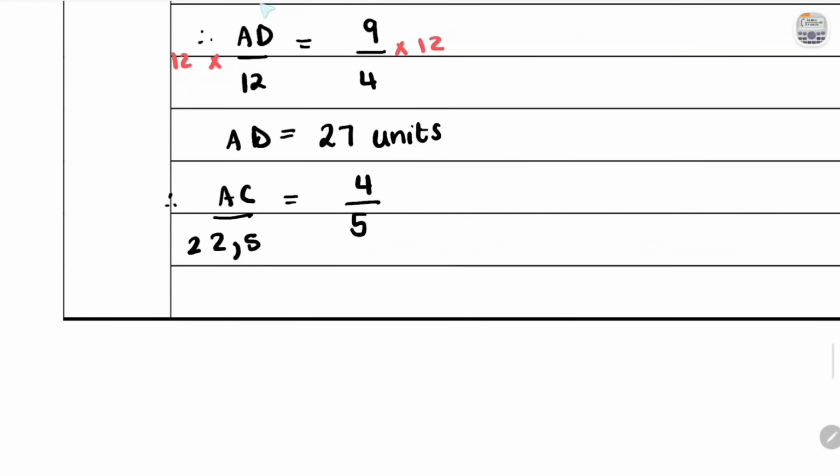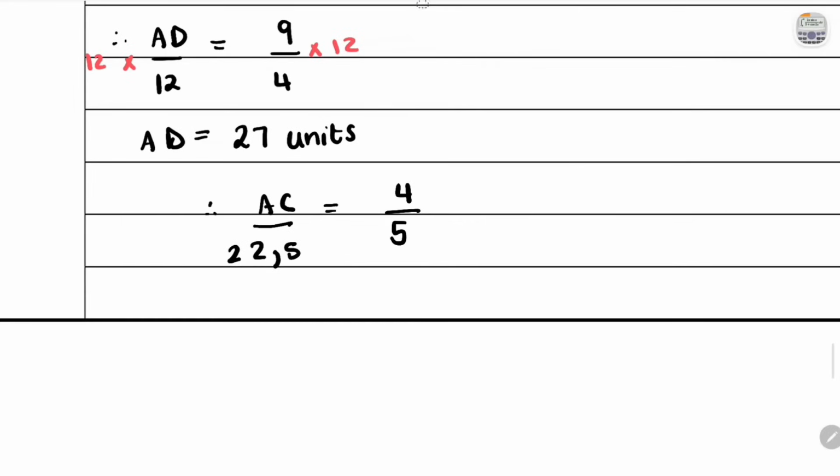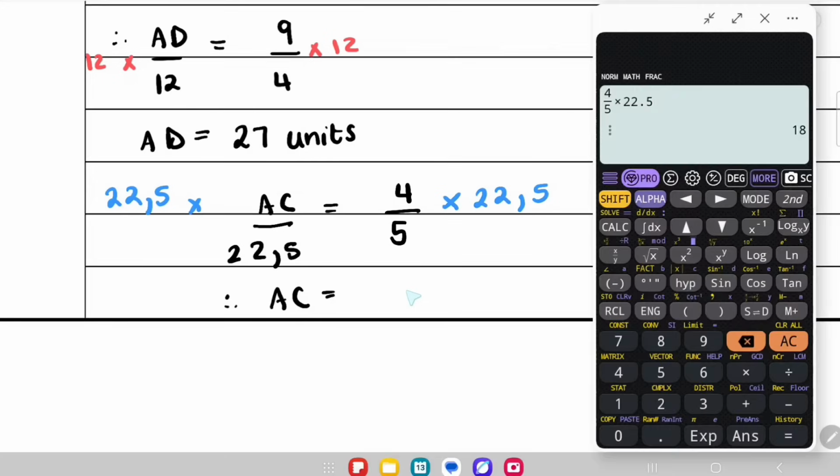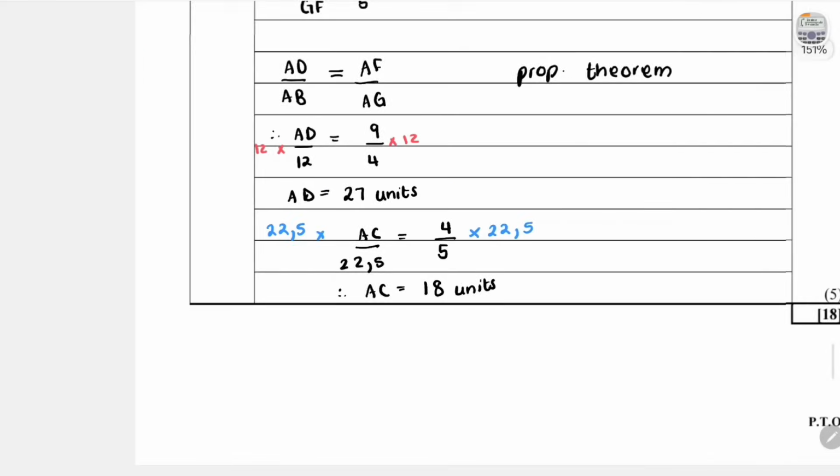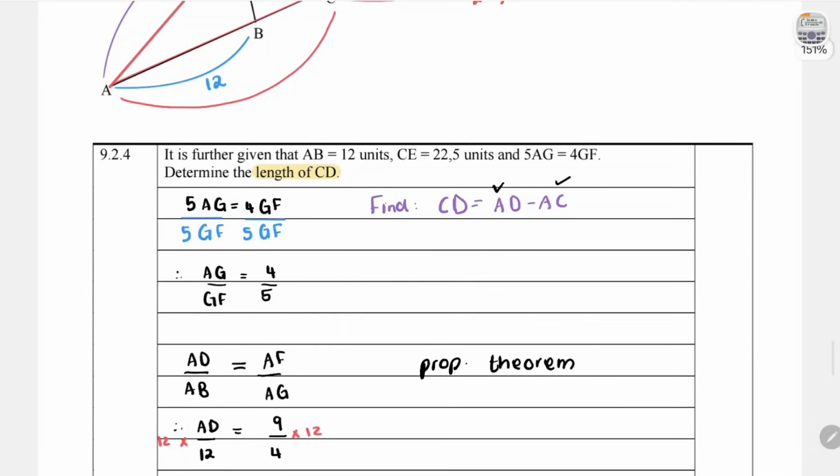Okay, and then at this point, we can solve for AC by multiplying both sides of this equation by 22.5 to get it out of the denominator. So let's see what we get for AC. And AC is equal to 18 units. Okay, so now that we have AC, we can finally find CD.